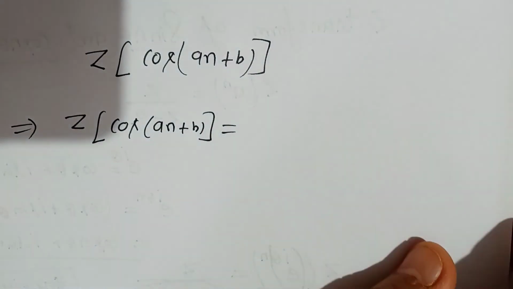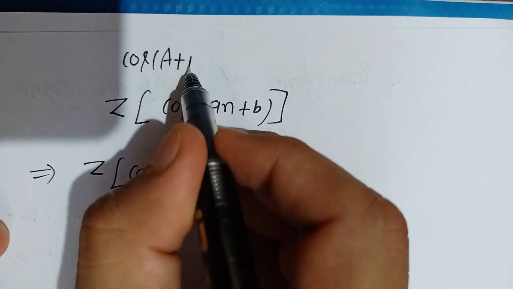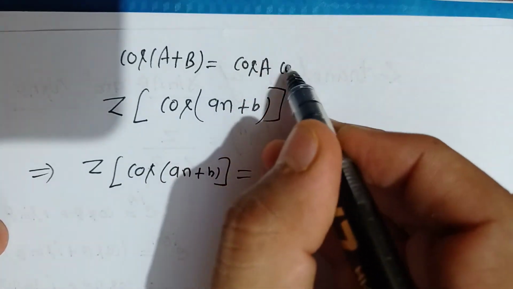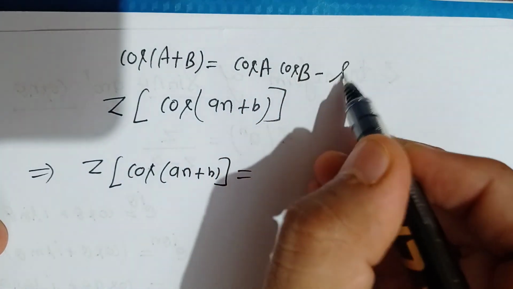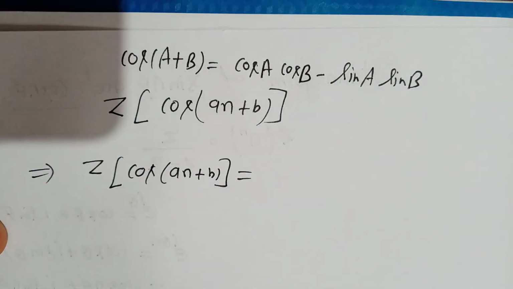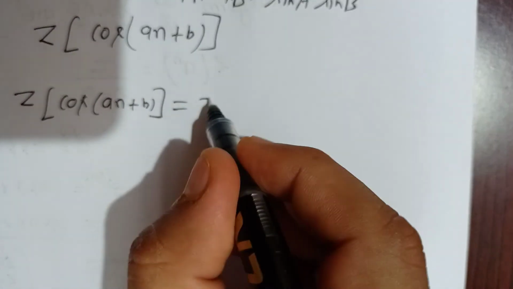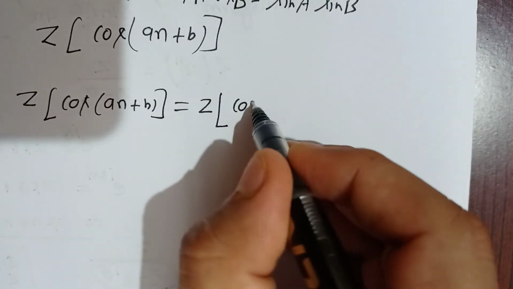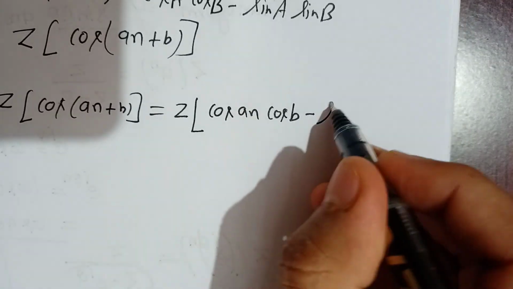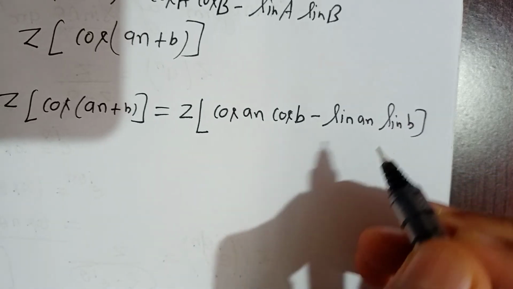So we are going to use that formula cos(a+b) equal to cos a cos b − sin a sin b. So here Z transform of cos(an+b) equal to Z transform of cos an cos b − sin an sin b.